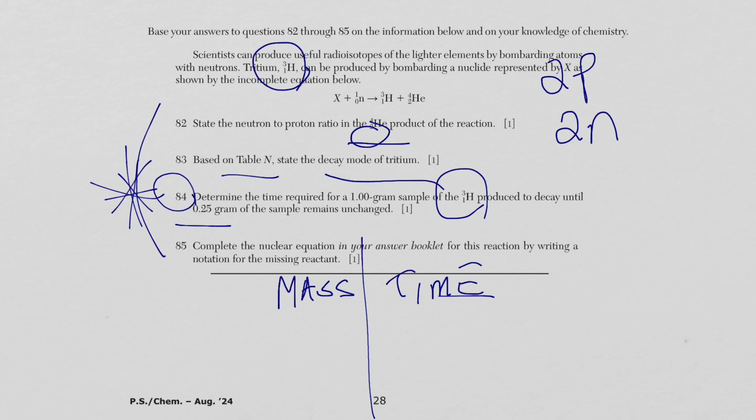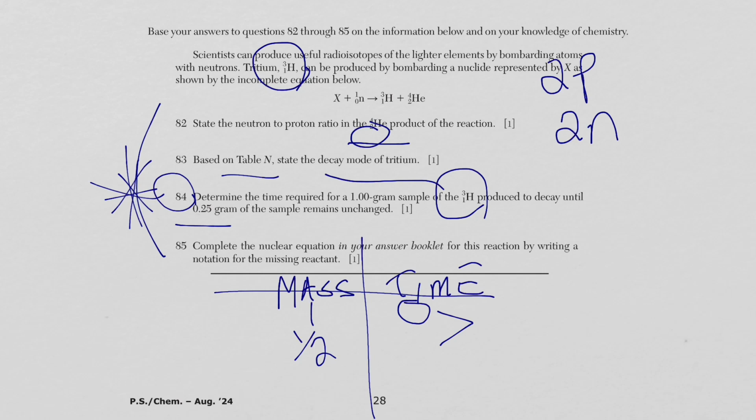Again, you're not going to find any type of mathematical equation on reference table T. I started with 1 gram of the sample, and that was at time 0. Then what happens is when I have half a gram left, whether I put it as 1/2 or 0.5, now a half-life has gone by.